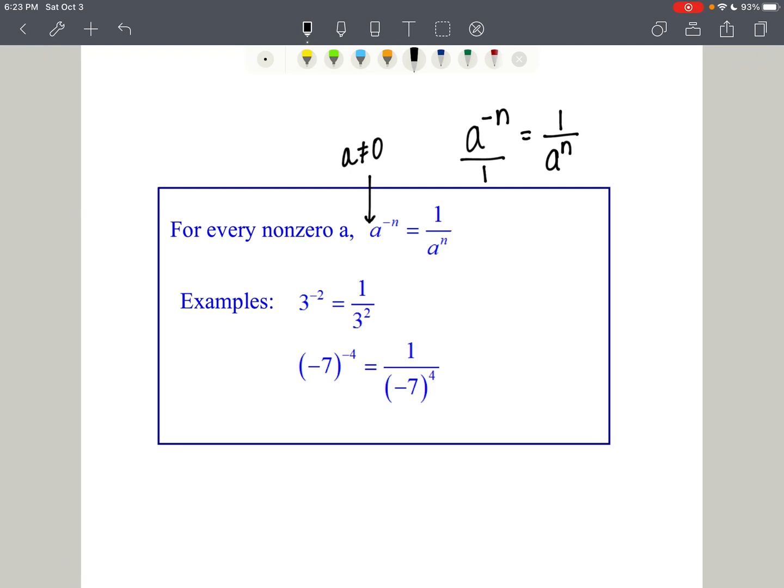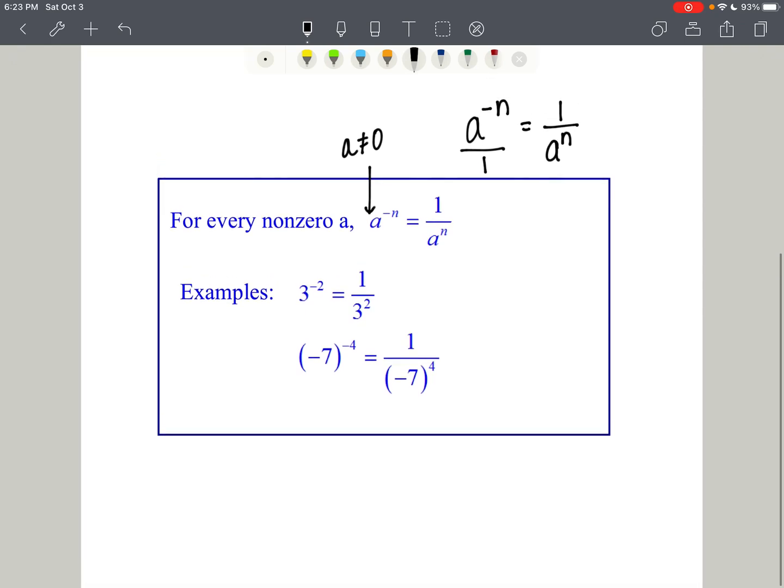Right now, a to the negative n is in the numerator. By changing its position to the denominator, it makes the exponent positive. Here's an example: 3 to the negative 2 power is the same as 1 over 3 squared.